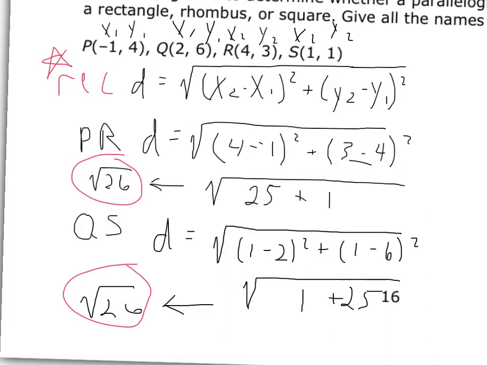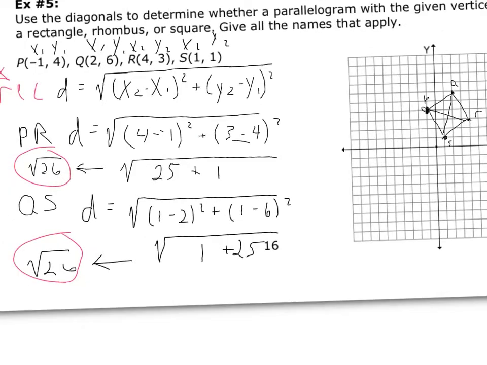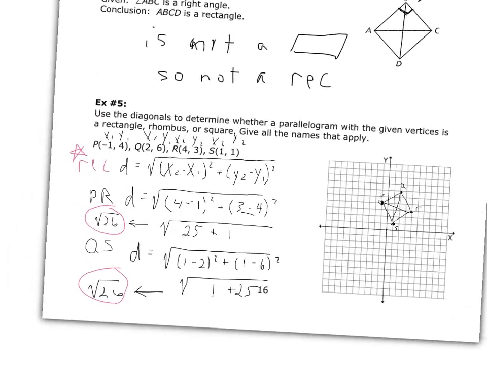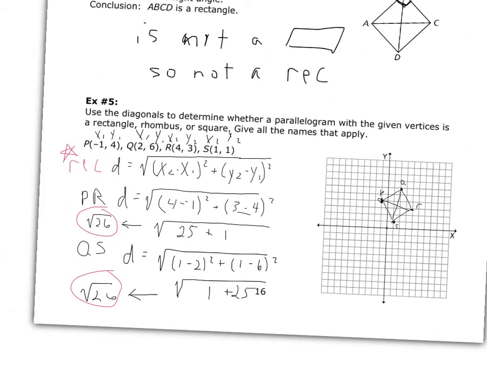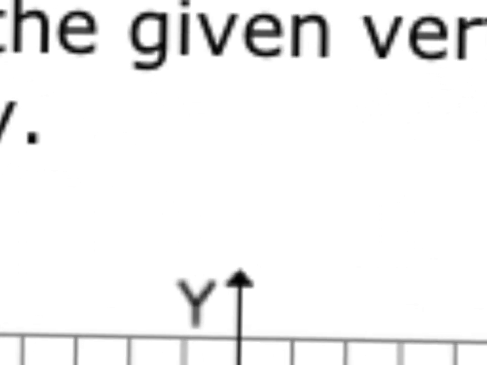The way we see if a shape is a rhombus is to see if their diagonals are perpendicular, or if they have opposite reciprocal slopes. First I'm going to remind you what an opposite reciprocal slope is. Let's say you have a slope of 1/2. I'm just making this up.